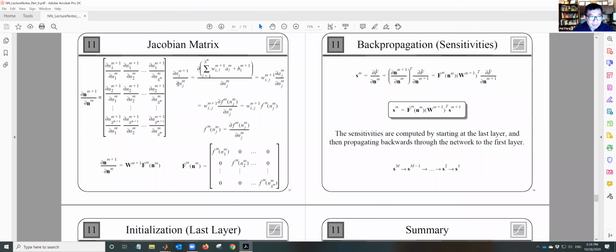However, this n_i^(m+1) and n_j^m, because n is actually the w a plus b, okay? And then you take the partial derivative with respect to the previous n, you will get w, because only a_j^m is related to n_j^m.